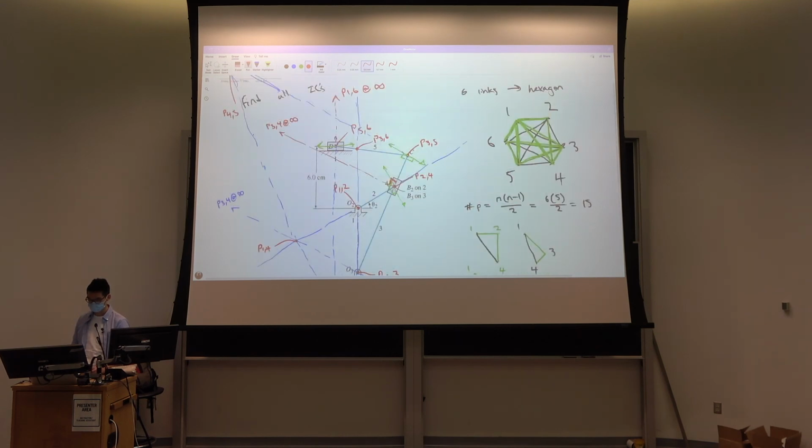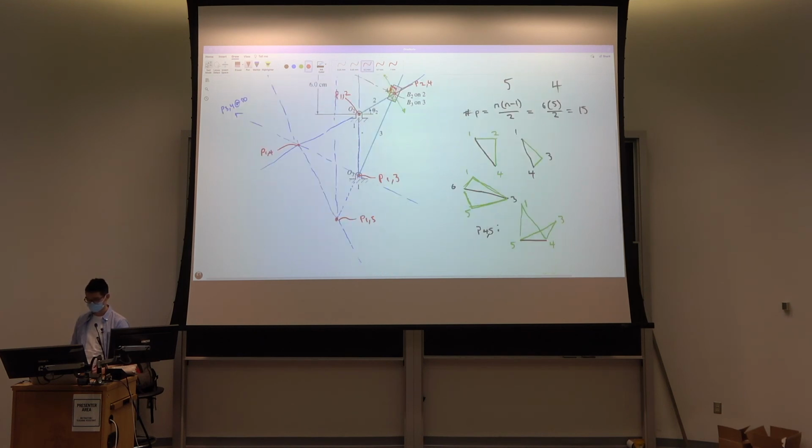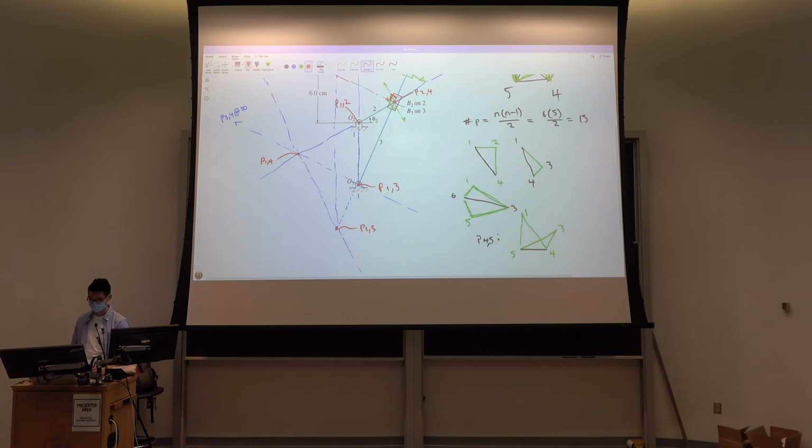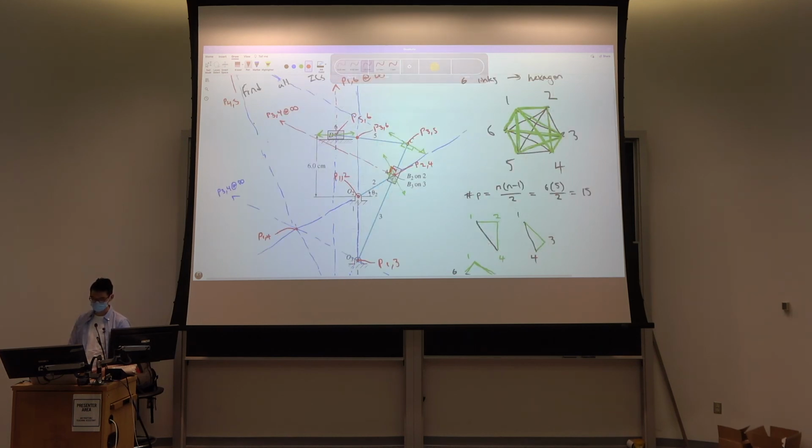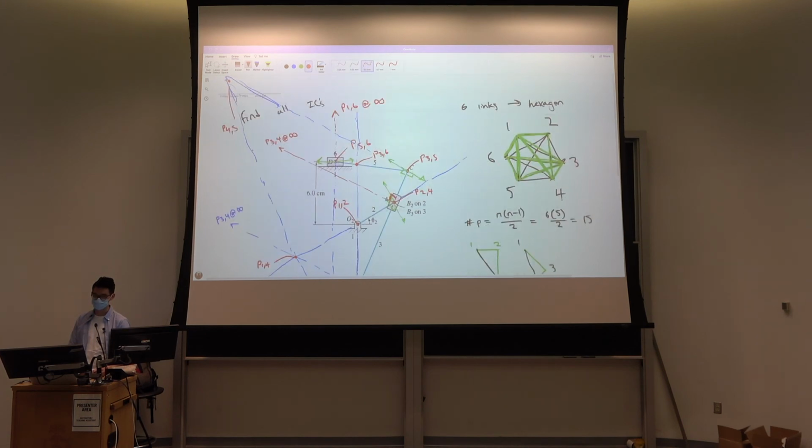So 3, 5 is here at this turning pair, and 3, 4 is off at infinity along this direction, perpendicular to link 3. So we draw one line like that, and then the other line is 1, 4, 5. So 1, 5 we found down here, 1, 4 we found over here. And if we draw a line connecting those, then we can find the intersection of those two lines, and that gives us P45. Okay?